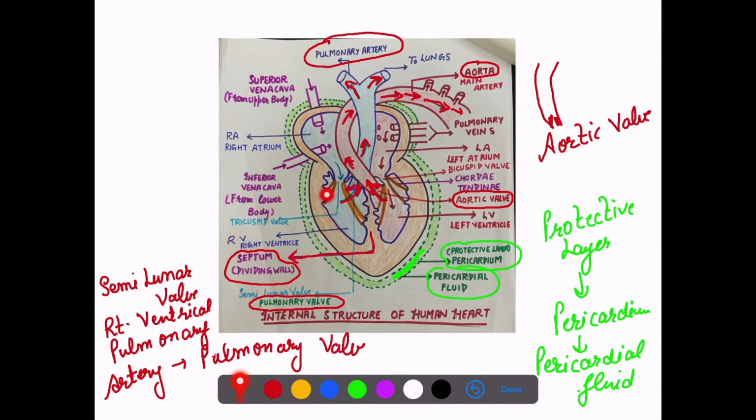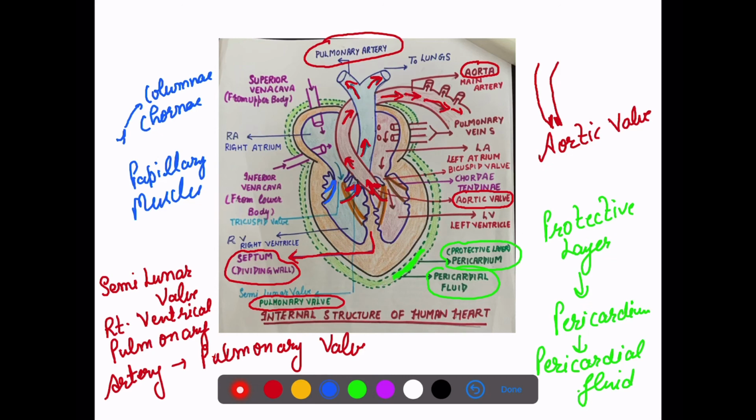Larger ridges are known as papillary muscles, and smaller ridges are known as columnae carneae. And to these papillary muscles, the chordae tendineae are attached, connecting to the tricuspid valve. So these are our chordae tendineae.